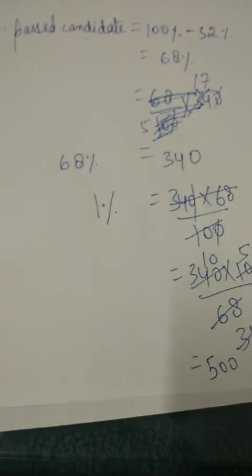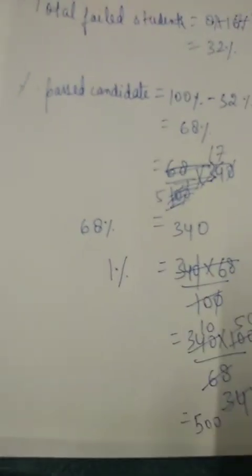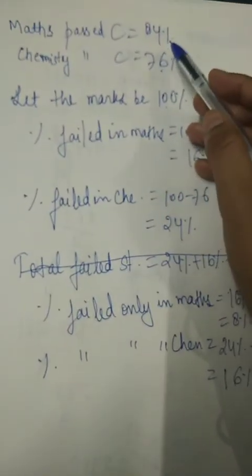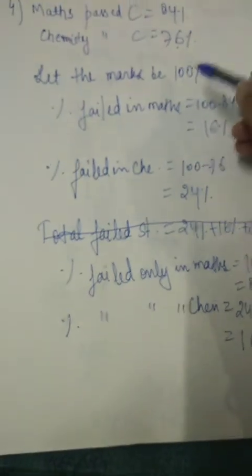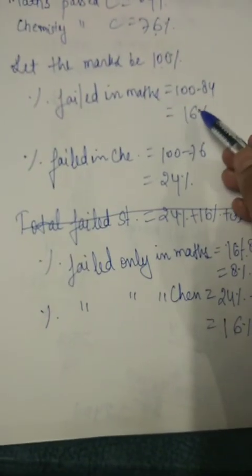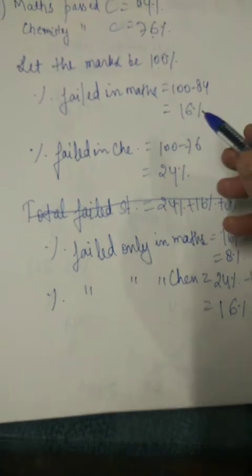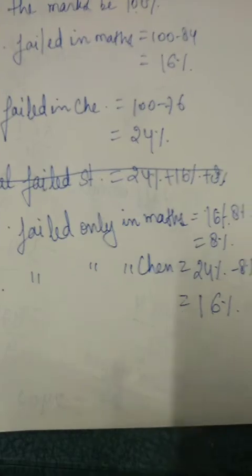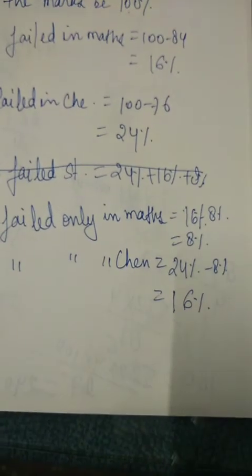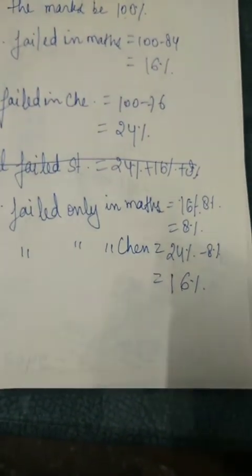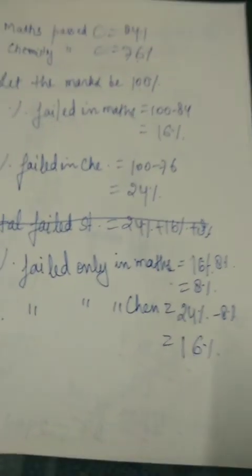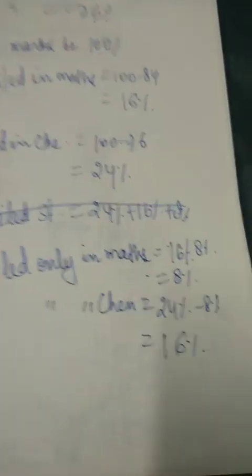So this is how we are going to solve this question. As you can see this question again, in maths, passed candidates given as 84, in chemistry 76. We have let the marks be 100%. So failed in maths is 16 and failed in chemistry is 24. But students, you have to find the percent of people failed only in maths. So only in maths is 8% because 8% students have failed in both the subjects, and in maths 16% are failed.